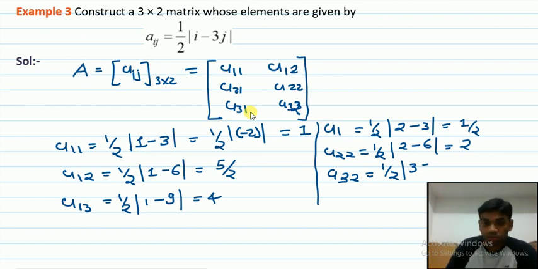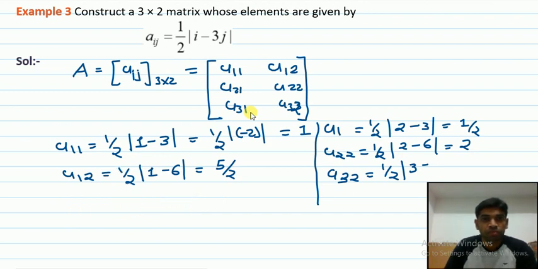Sorry, just by mistake I have taken all this. A11, A12, A31. I need to take A31, that is 1 by 2, i equal to 3, minus 3, which is 0.